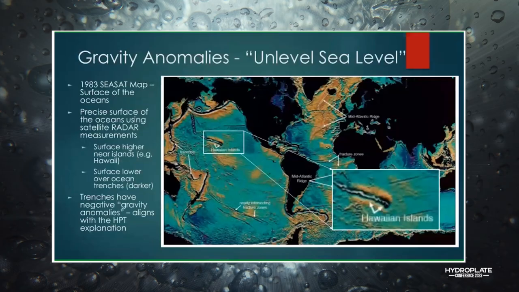So this is another point of evidence that Walt talked about in his book. And one of the things that he pointed out, and this is an image from his book, is a map that basically shows that using radar, they can measure the surface of the ocean. So the ocean sea level is not level, it's unlevel. And what this image shows is that at certain places, the surface of the ocean is actually much higher, and in other places it's lower.